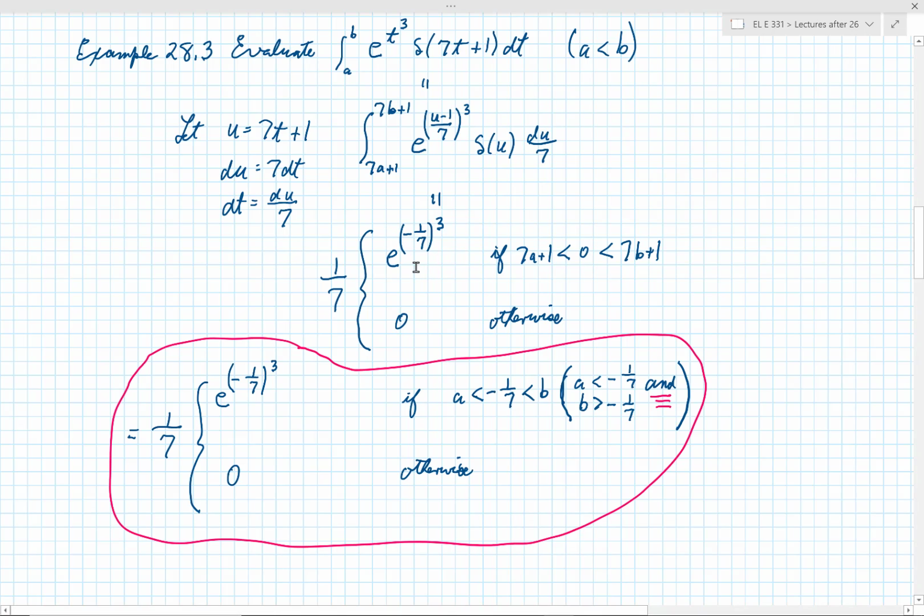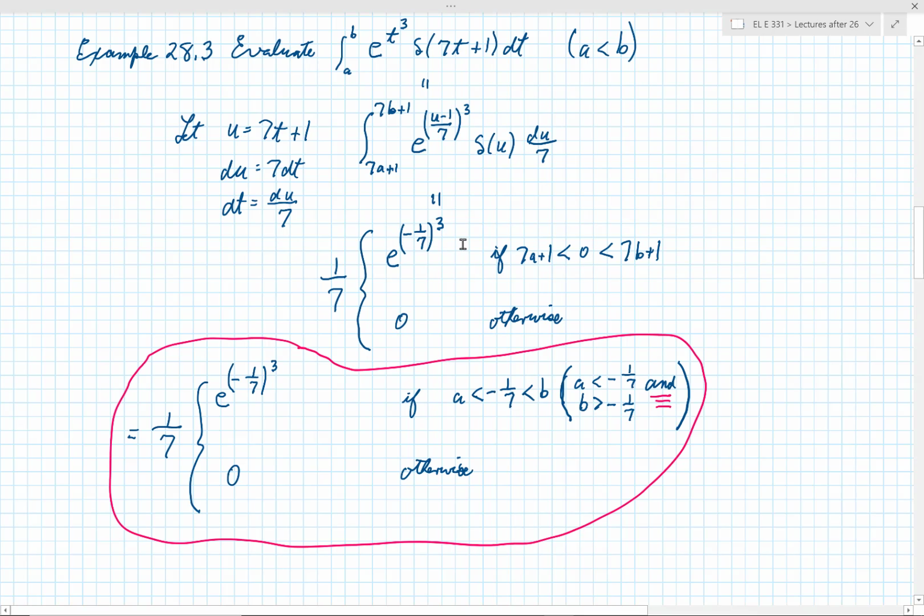So in this case, u is equal to 0, so we have e to the minus 1/7 cubed as the value of the integral. Oh, and times 1/7, don't forget that.